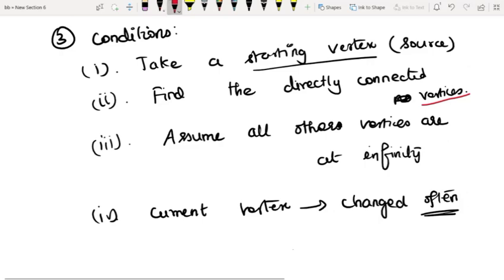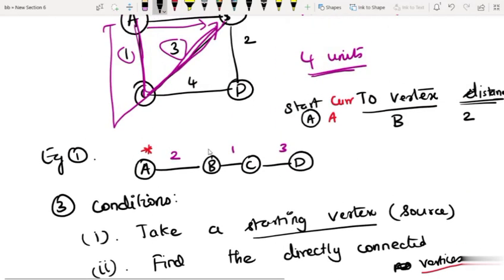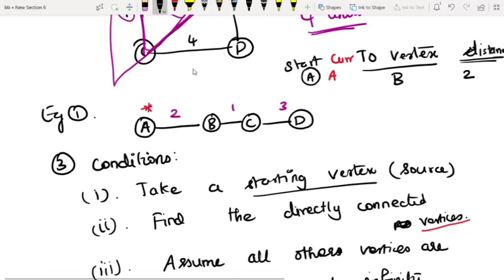This infinity denotes that those are not directly connected. Let me assume I don't know the distance from A, so I assume the distance is very high. So for C it is infinity and for D it is infinity.